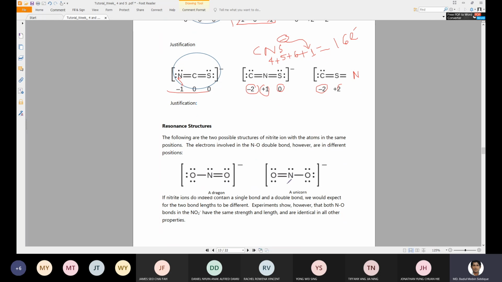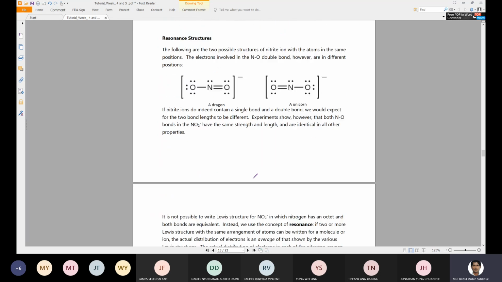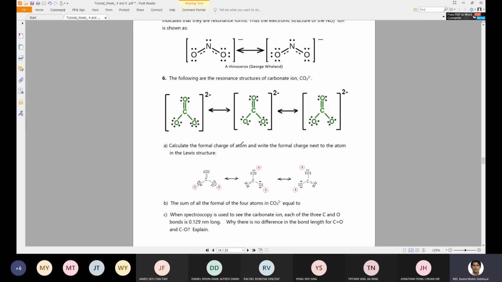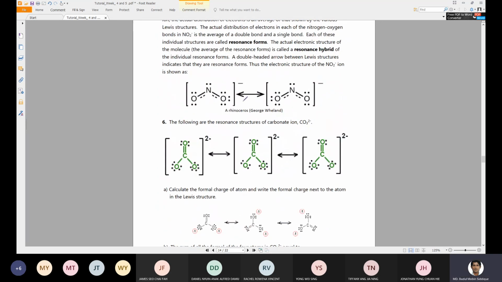Nitrogen compounds are always problematic, as I said before. So for nitrogen dioxide, it will have resonance, because the structures are actually the same thing, right? This one and this one, because one oxygen will have 2 more electrons, another one will have 2 less electrons. But in the chemical world, there is no difference between this oxygen and this oxygen. All are the same oxygen, same property.